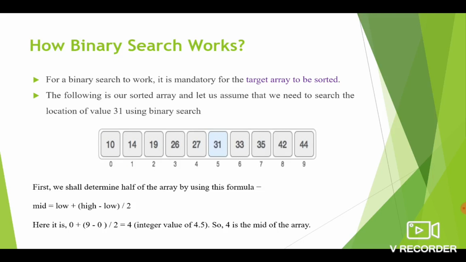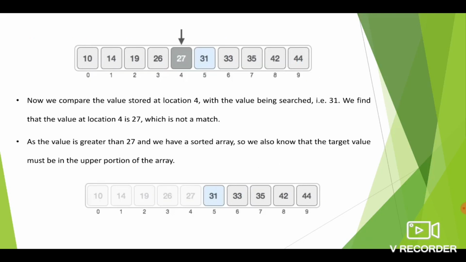Once the middle value is found, you have to compare the searching element with the middle element. Our searching element is 31 and the middle element is 27. Since the searching element is greater than 27, you have to narrow the search to the right of it.